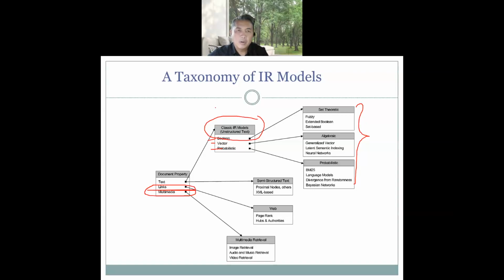We will study more on this area, and then the application. We will look into some of the techniques that we can use to perform text classification or text topic modeling and many more. So we will focus on text documents.